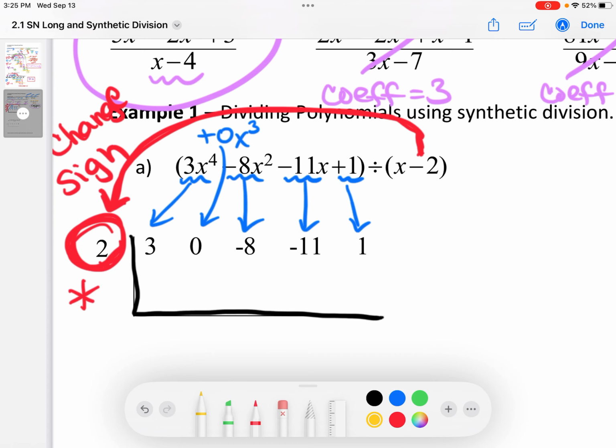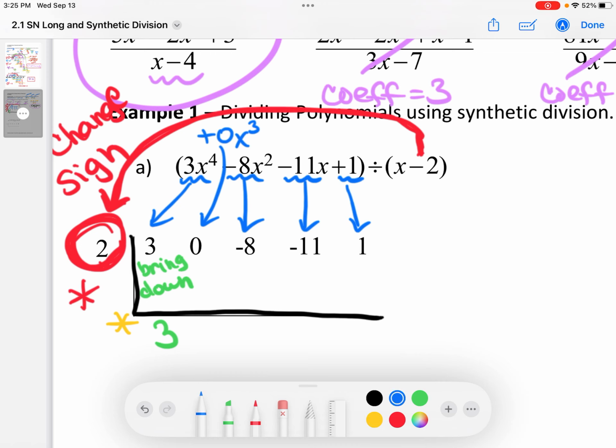Now, here is our process. Whatever the first coefficient was, we bring it down. So we bring down this coefficient of 3. And then on this corner, we multiply.